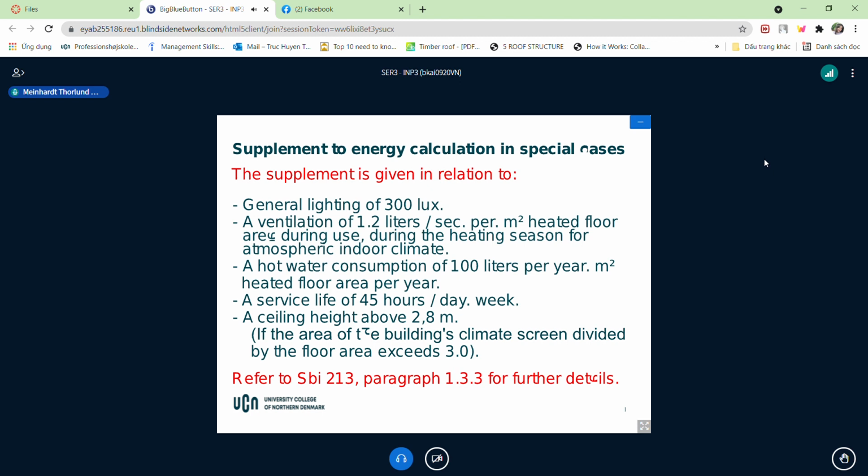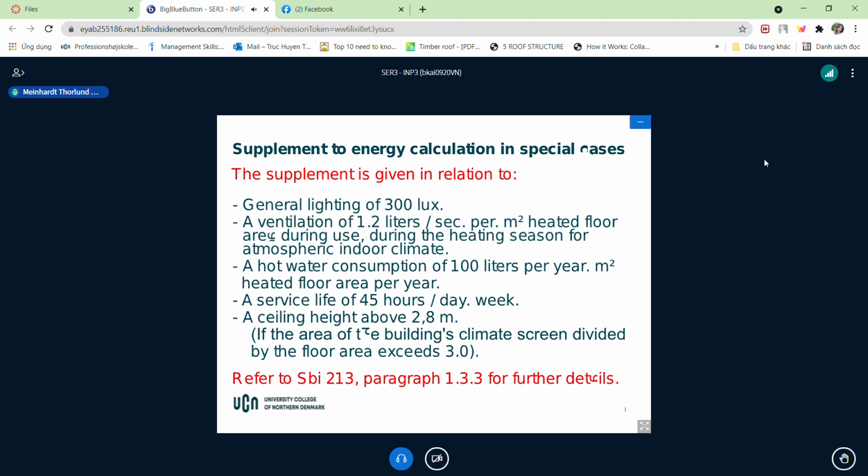So basically, in general, you could say that the energy calculation will get a supplement for buildings which have requirements of more than 300 lux. Lux is a measurement of light intensity, how much light is coming on your table when you're doing work.